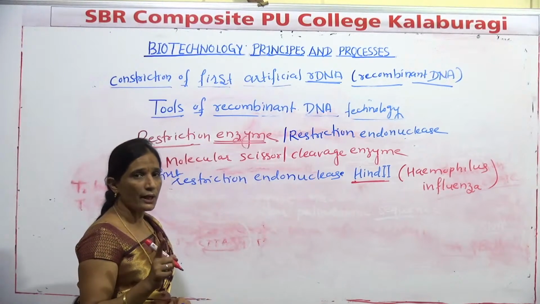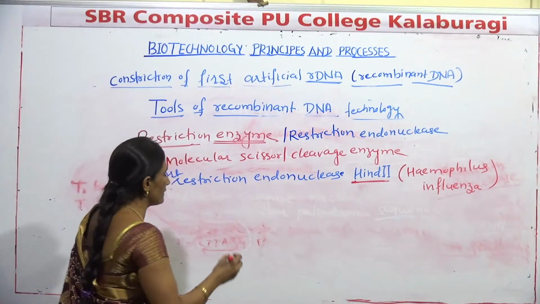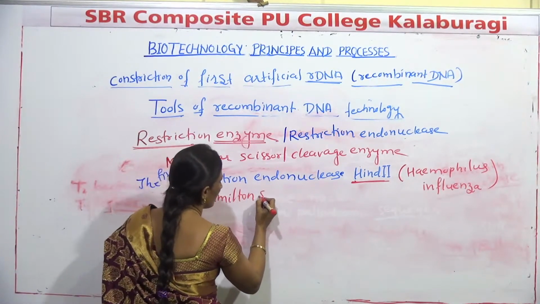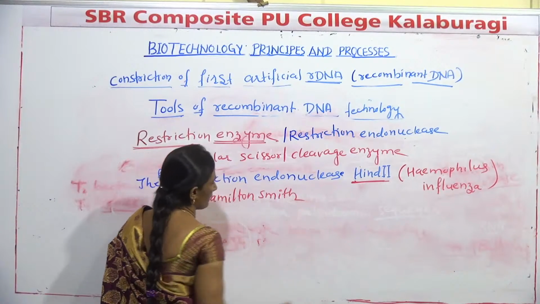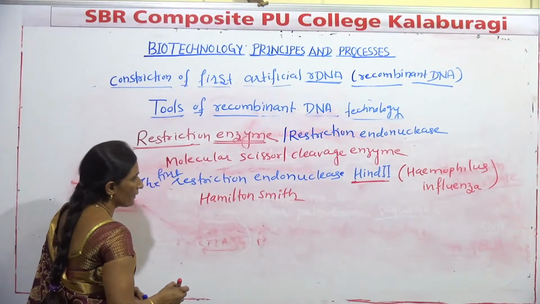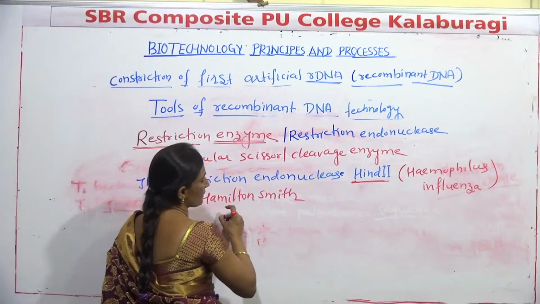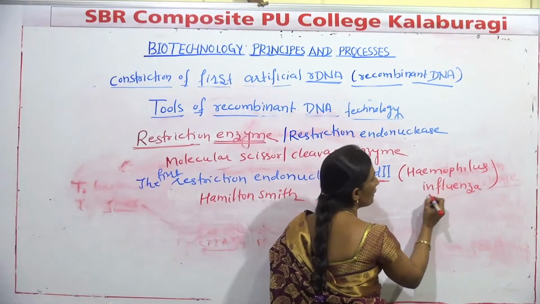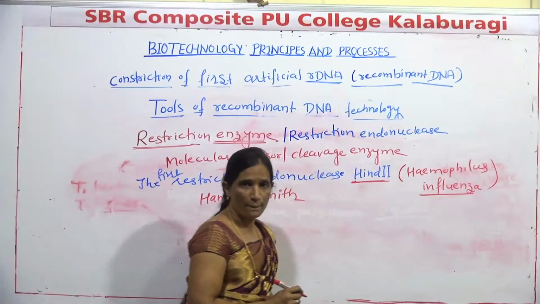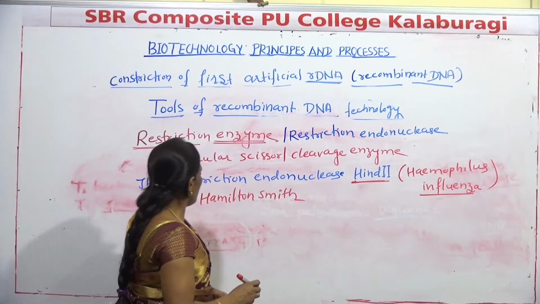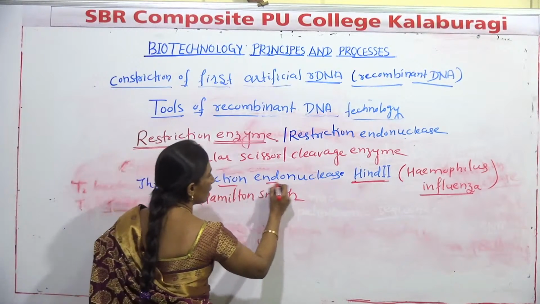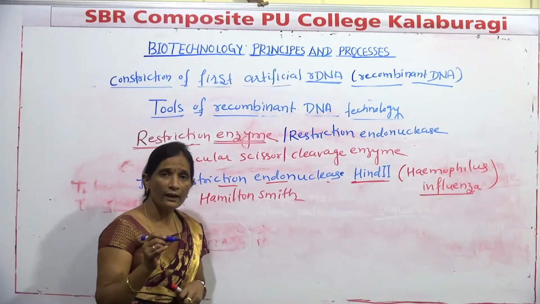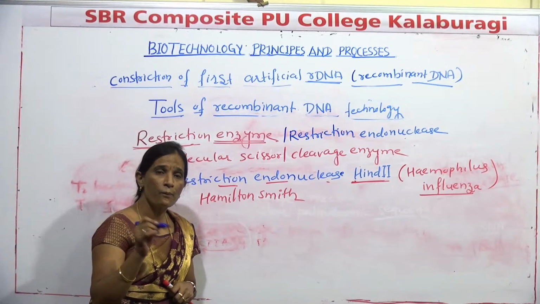The first restriction endonuclease was discovered by scientist Hamilton Smith. Is it clear? HindII cuts the DNA at a particular point.